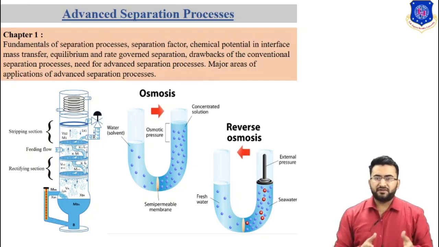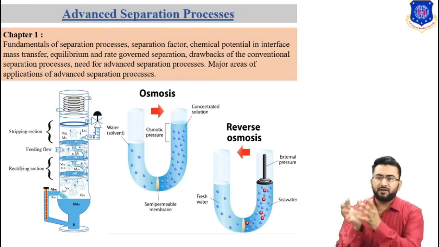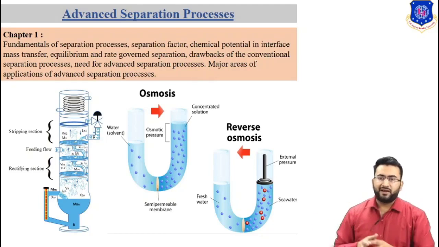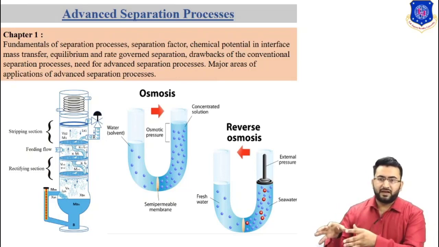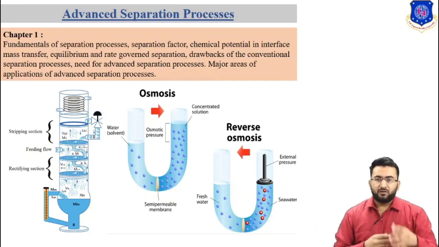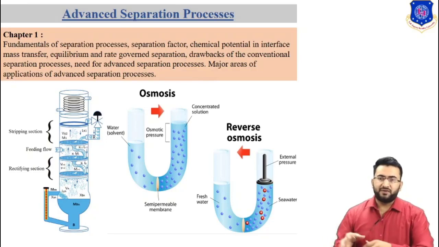There are various disadvantages of conventional separation processes. That's why there is a need to develop other separation techniques which overcome those problems, and that type of technique is known as advanced separation process. For example, in liquid extraction, we have to add a third component and further do distillation, so the cost of that process will increase.